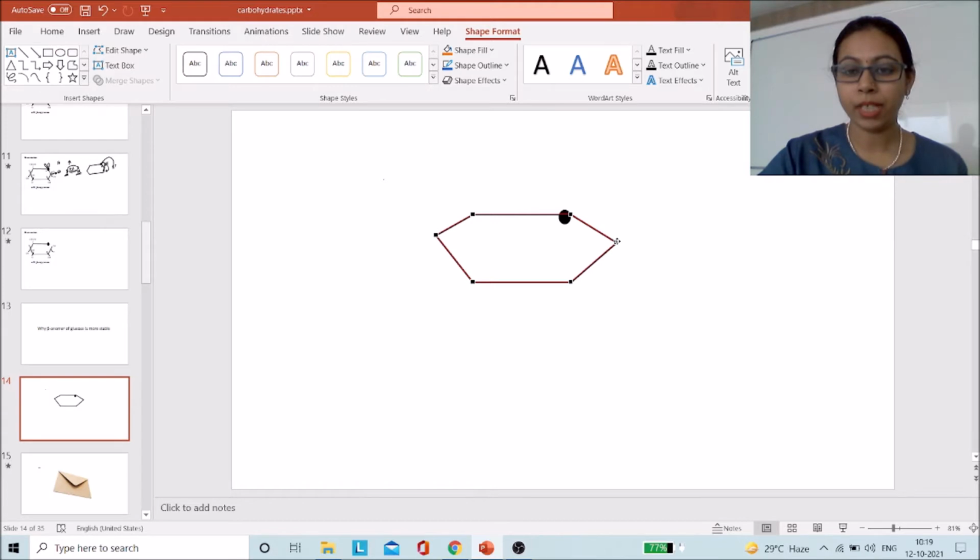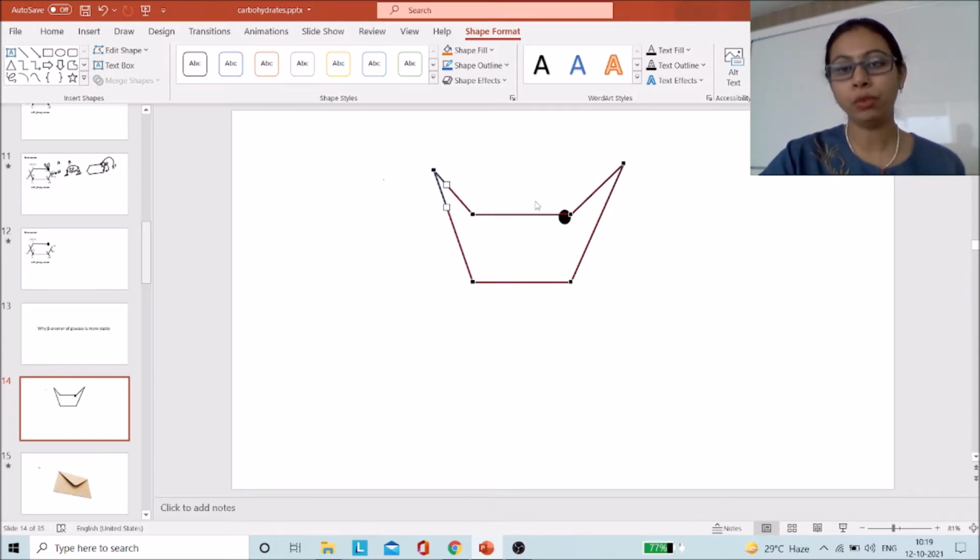Actually, what happens if this is carbon number 1 and I pull it upward. Similarly, I pull this carbon number 4 upward, then it will give you the boat conformation. In this form, as you can see, carbon number 4 and carbon number 1 are facing each other. That's why the bulky group, which in the case of glucose is the OH group, will be facing in such a way that it will cause steric hindrance.